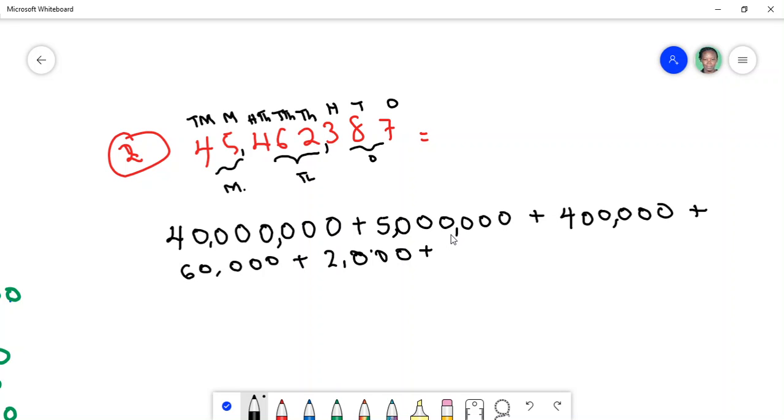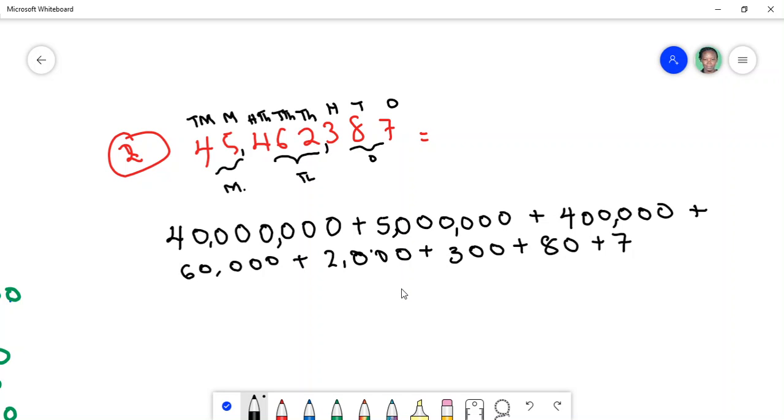The place value there is what? 300. 300 plus 8 tens, which is 80, plus 7 ones, which is what? 7. So the expanded form for this number is equal to what?